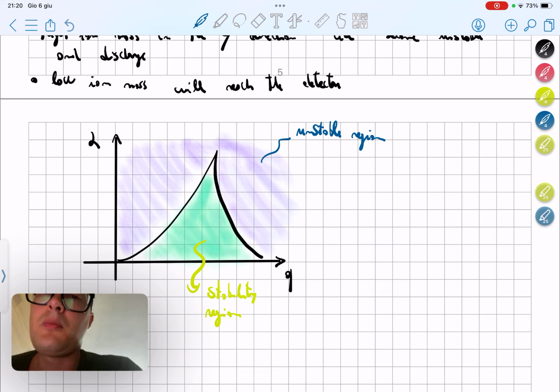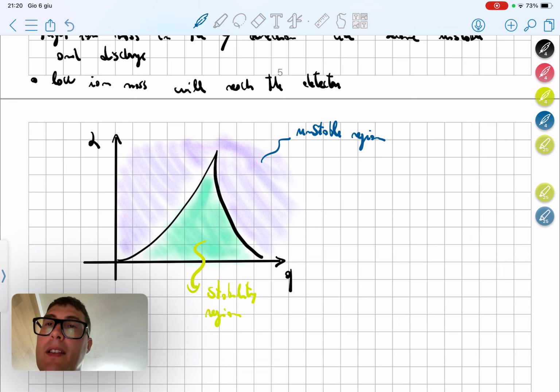Okay, so each point in this plot represents specific alpha and q coordinates.